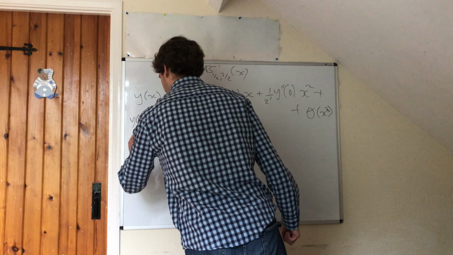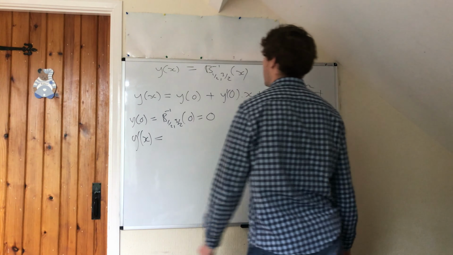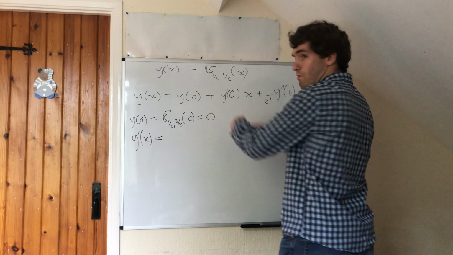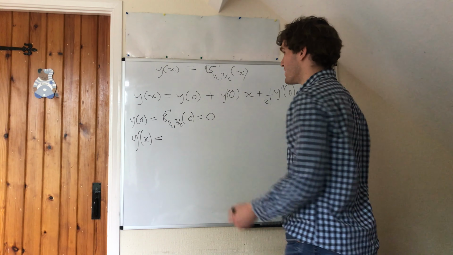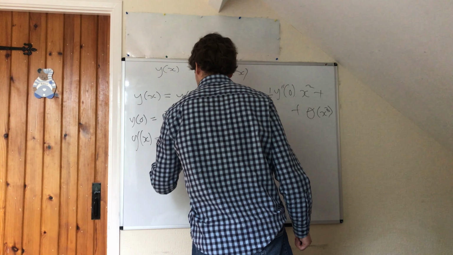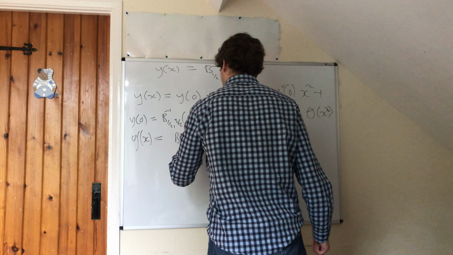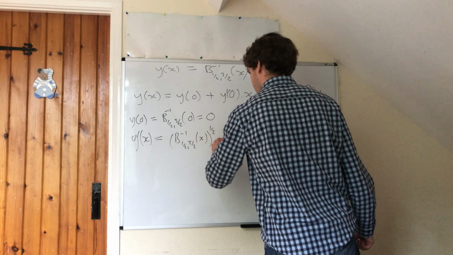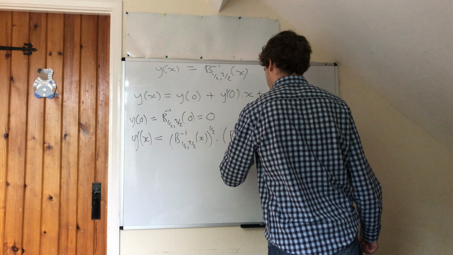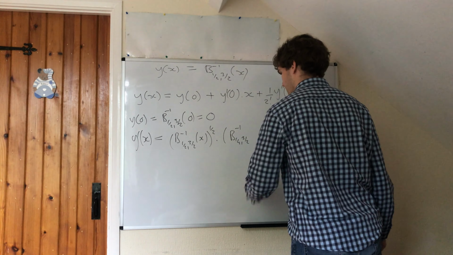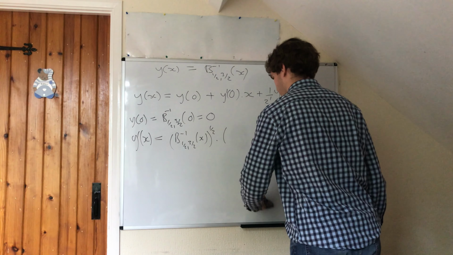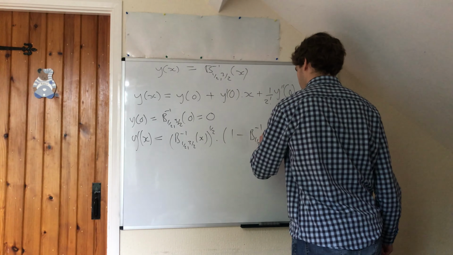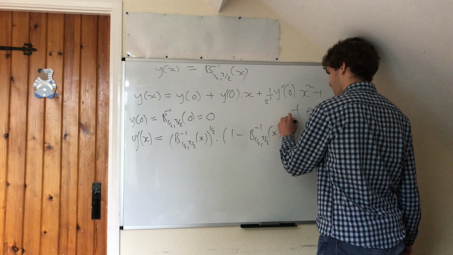Y prime of x is equal to, well, we need to differentiate this. And when we differentiate this, remember in the previous video we found that it's equal to the inverse incomplete beta function (1/2, 3/2) of x to the power of a half, times 1 minus the inverse incomplete beta function (1/2, 3/2) of x to the power of minus a half.